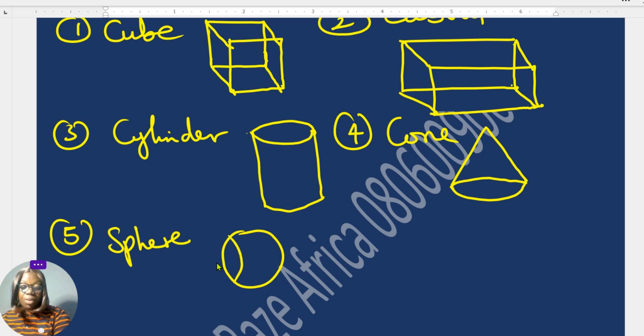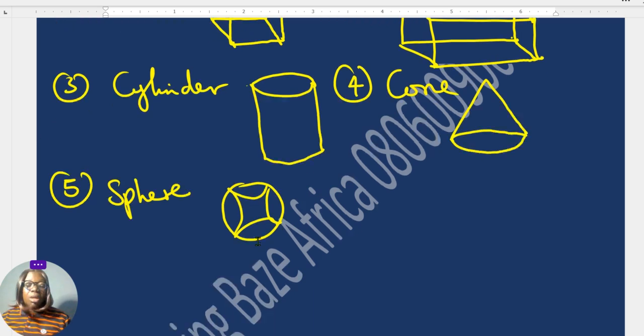So I'll be using a ball to represent a sphere. It is not a plane shape, it is a solid. Any solid that has a spherical shape is a solid shape. Now, we are still under geometry.